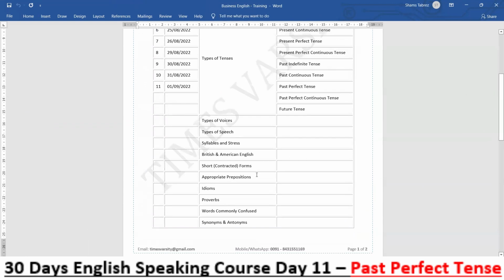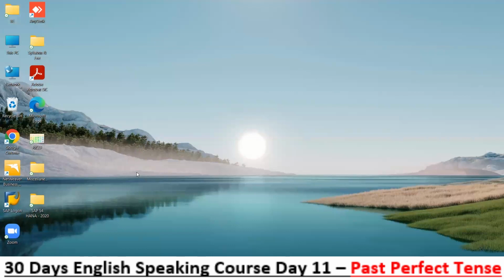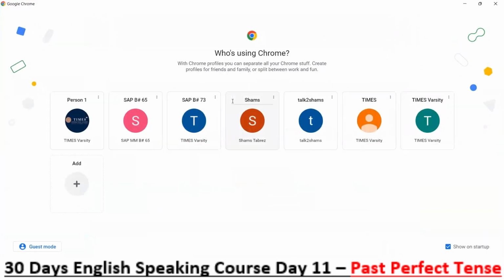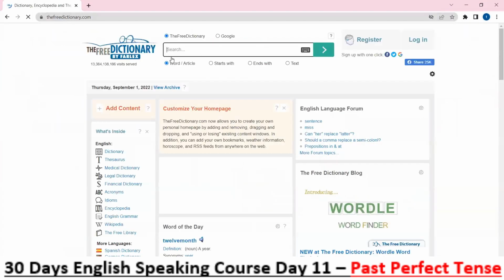We have a separate topic to discuss pronunciation in British and American English. For example, now I am pronouncing it as question. First of all, let's look at the correct pronunciation. You can also access the free dictionary.